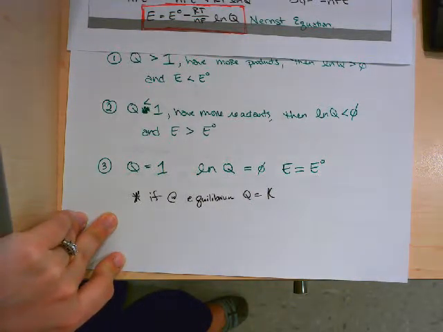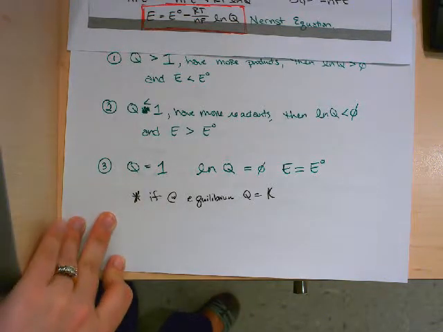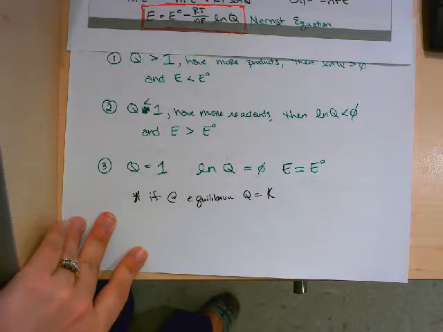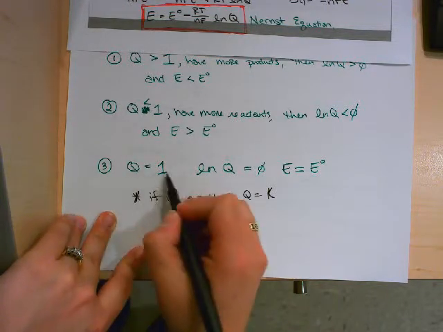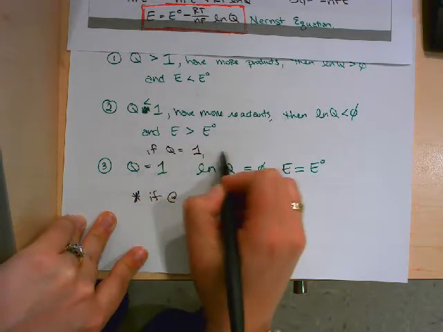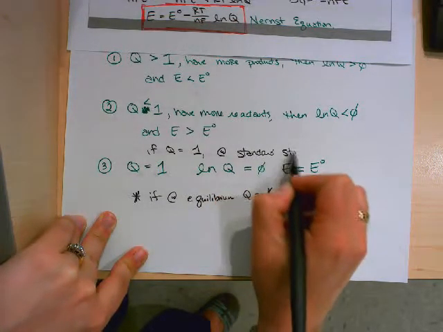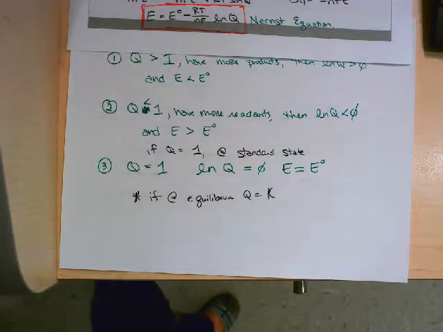Right, so if you're at equilibrium, Q equals K. Here I'm at Q equals 1, which may or may not be equal to K. I don't know where I'm at in comparison to K. All I know is if Q equals 1, you've returned to standard state.